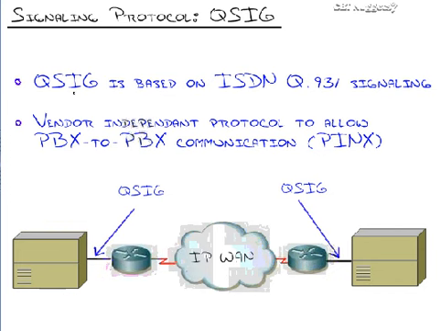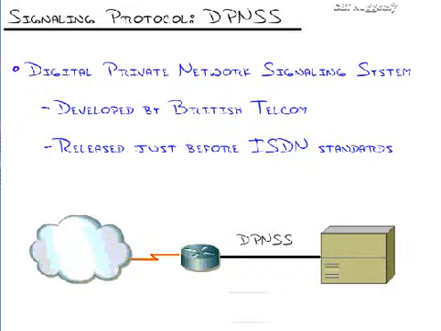So now we have QSIG as a protocol that's available for us in our tool belt of protocols that we're able to use to link up our routers, our Cisco devices, to the PBX systems.